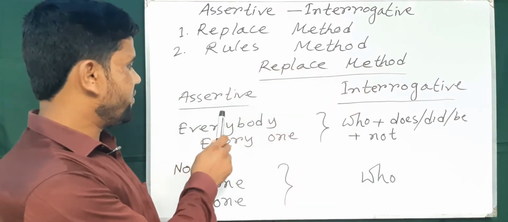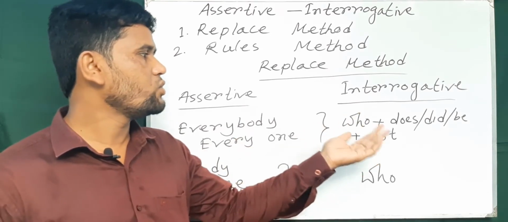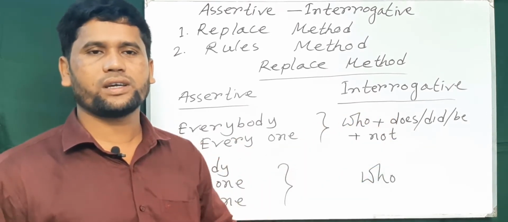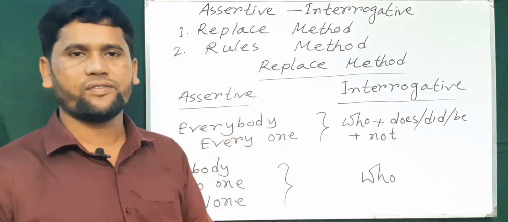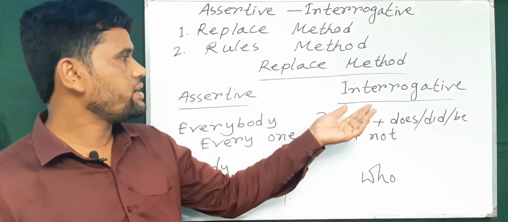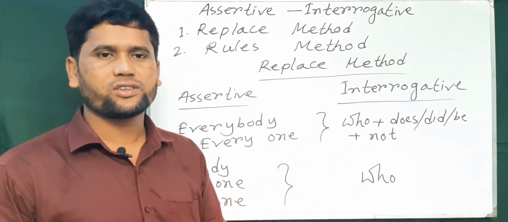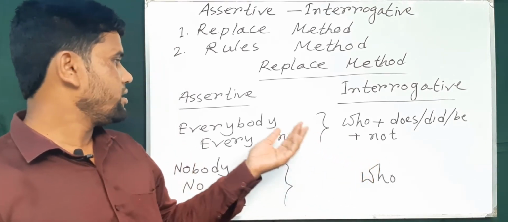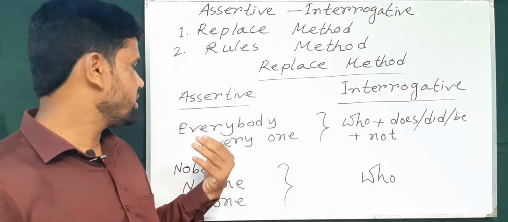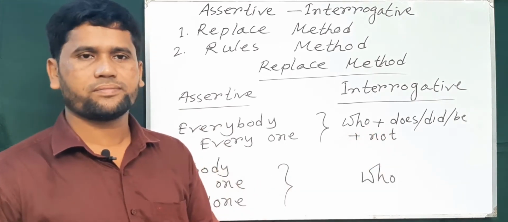If you find everybody or everyone in an assertive sentence, you can write who plus does or did or any kind of verb, then not, instead of everybody or everyone. Or if you find in the interrogative sentence who plus does or did or verb plus not, you can change it into an assertive sentence by using everybody or everyone instead of this.